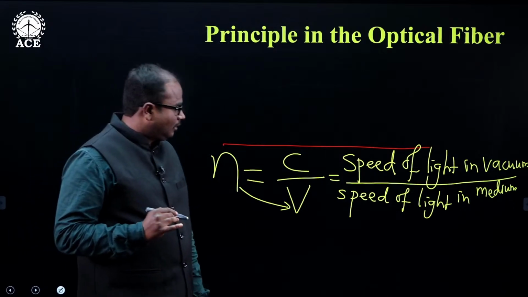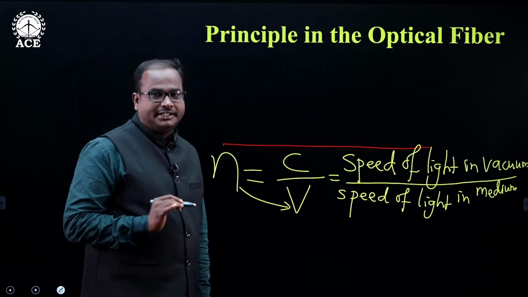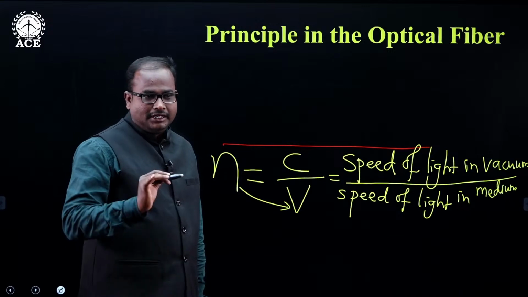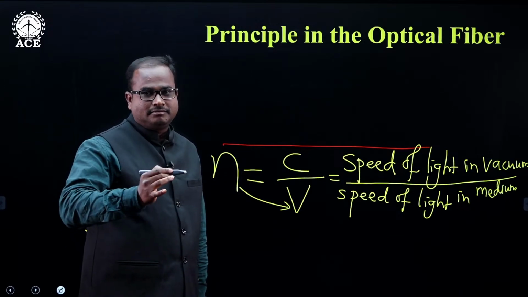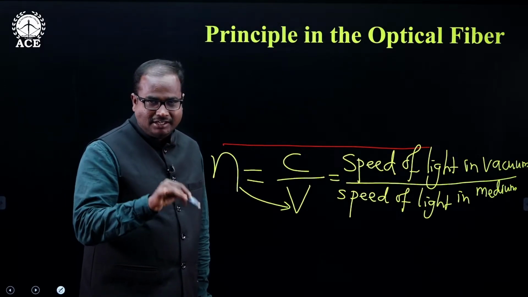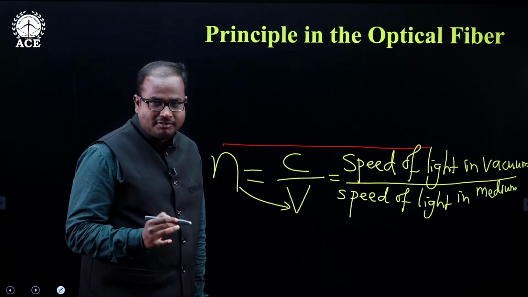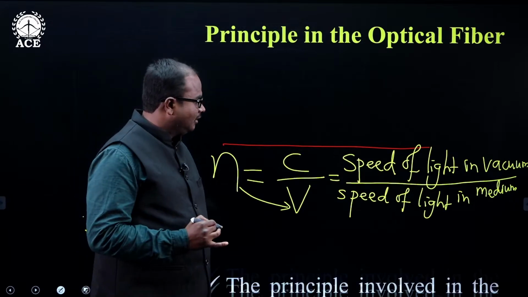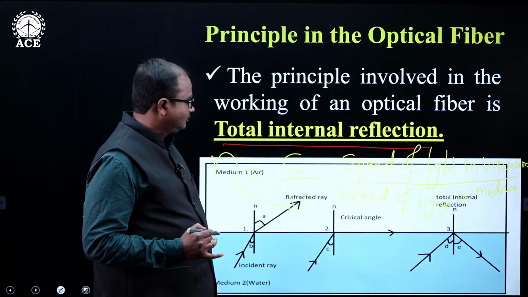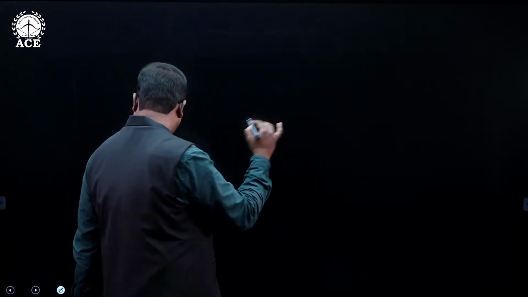Depending upon this speed, if the speed of light is more or less, we have two types of mediums. What are the two types of mediums?